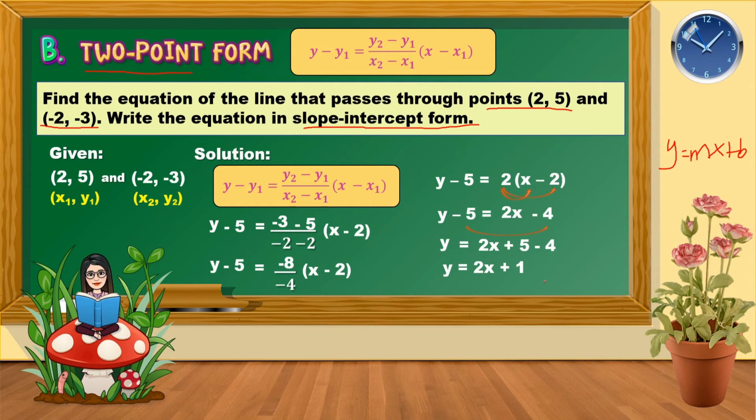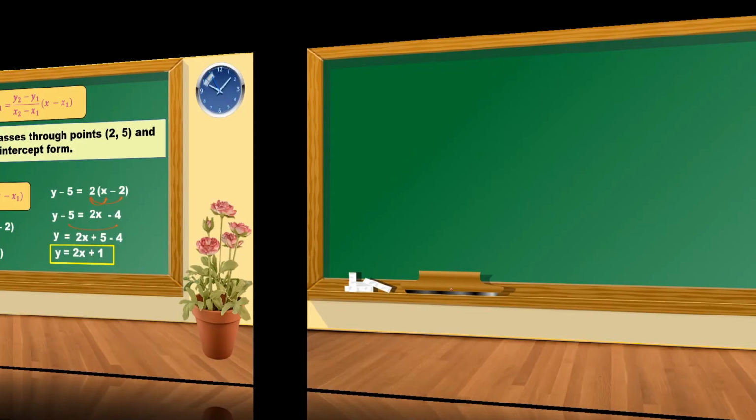Bakit siya naging 2x plus 1? Nirewrite si y equals 2x. And then 5 minus 4 equals 1. So, meron na ngayon tayong y equals 2x plus 1, which is our final answer, our slope-intercept form. Okay?